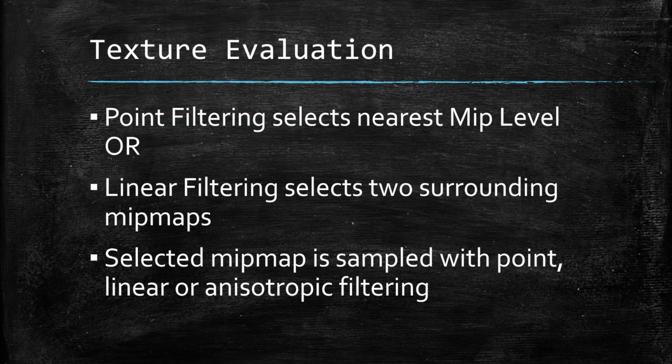Okay, now when it has to evaluate the minification, there are three ways of evaluating. You can use point filtering, which gives you the nearest MIP level, or you can use linear filtering, which selects the two surrounding MIP maps and does a bilinear interpolation, or it could use anisotropic filtering in order to understand which one is going to be the best MIP value.